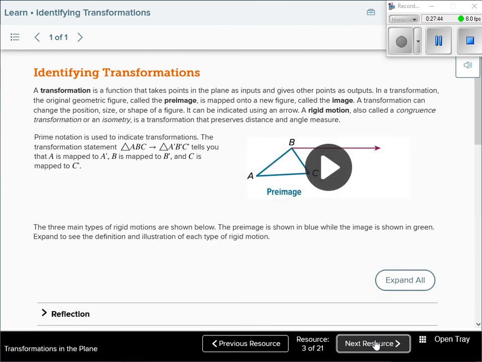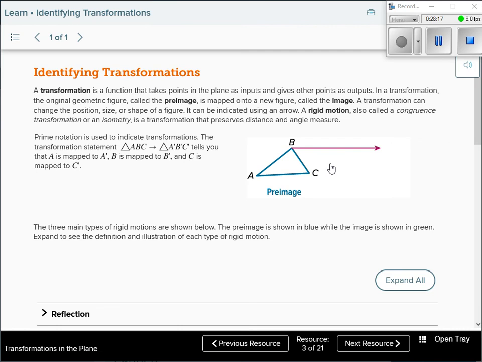On the next resource, this is where you're going to start filling in notes. So have your notes sitting out there. Go through the paragraph there, fill in what you need to fill in. Click on that, it shows you what they are doing to the shape.